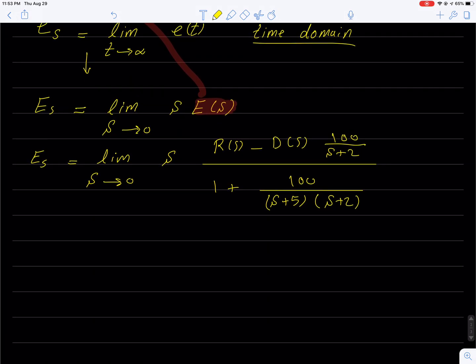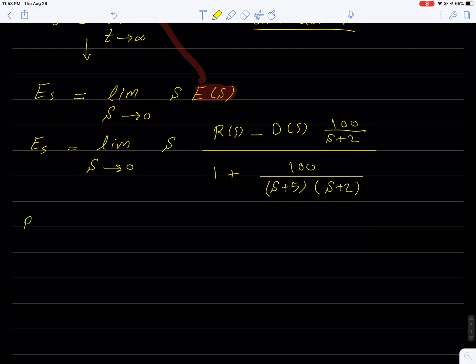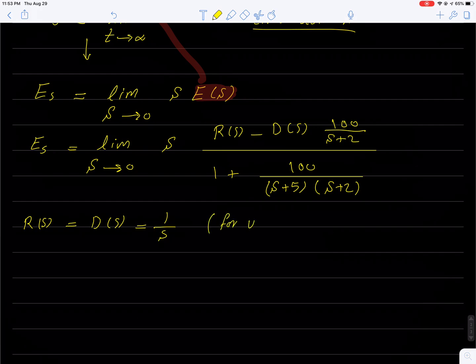Now we know that R of S is equal to D of S, and this is equal to 1 over S for a unit step function.